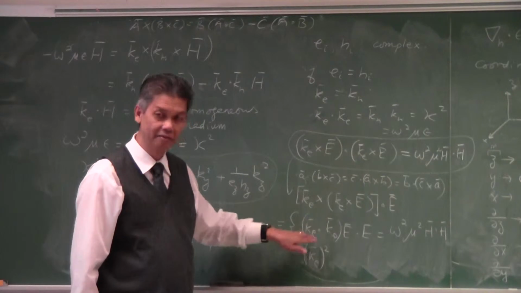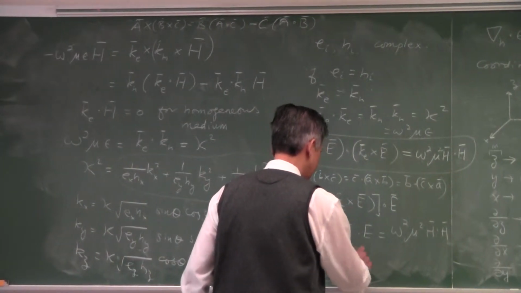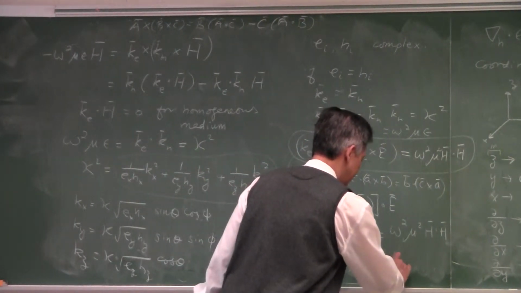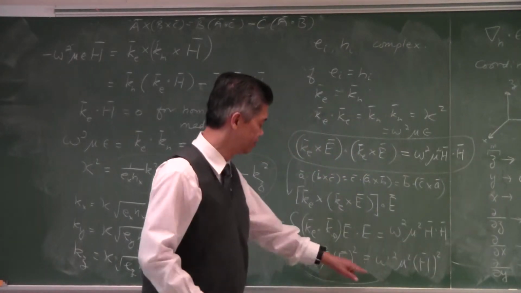This is a scalar number times E, which is again a scalar number, is equal to omega square mu square H square, which is again a scalar number.